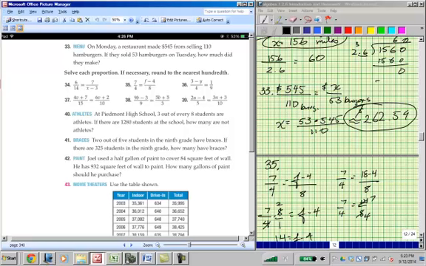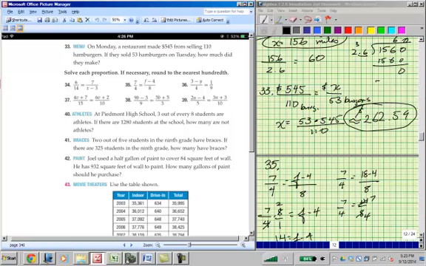So I multiply both sides by 53. I don't cross multiply because I don't really need to. I just want to get 1x, so if I multiply both sides by the multiplicative inverse, 1 over 53, then I will have 1x. So now I take my calculator and do 53 times 545 divided by 110.